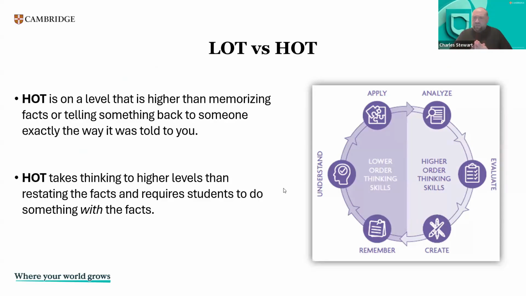Now, with critical thinking, it is essential in the classroom that as we're developing our students' critical thinking skills, that we are developing both the lower order critical thinking skills. This would involve things like gathering information, analyzing the information, perhaps putting it into a mind map or a concept map in order to sort the facts.